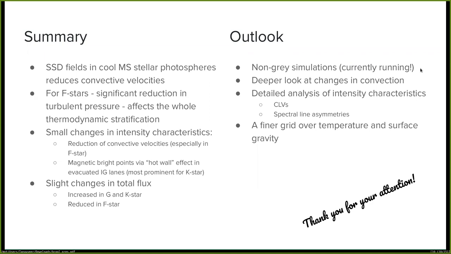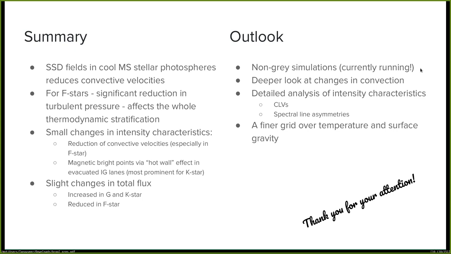Sure. When you include magnetic fields, your intergranular lanes become evacuated. So if you start to look at them from the side, you tend to see more flux from the hotter parts of the stellar photosphere.